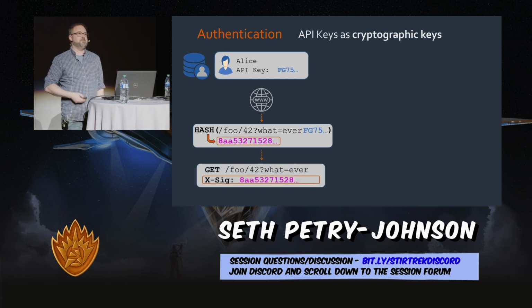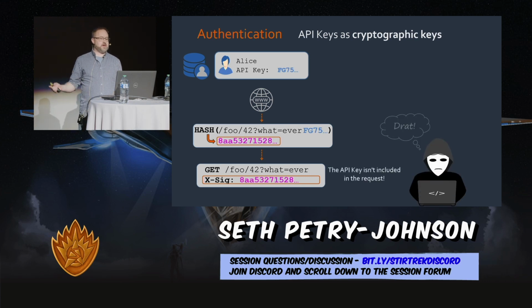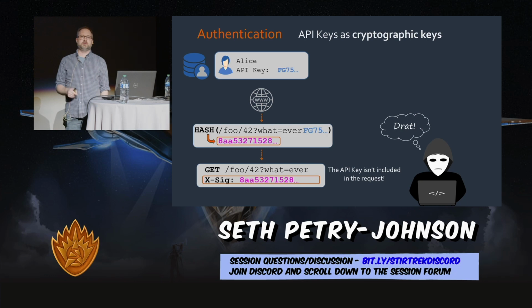The client then makes its request to the server, and it sends that signature as an HTTP header. Now, the API key itself is not included in the request. It does not go over the wire. It was used to create the signature, but the hash value can't be reversed. So anyone who captures that request off the network will be unable to extract the API key from it.